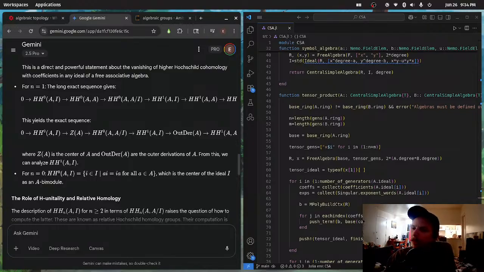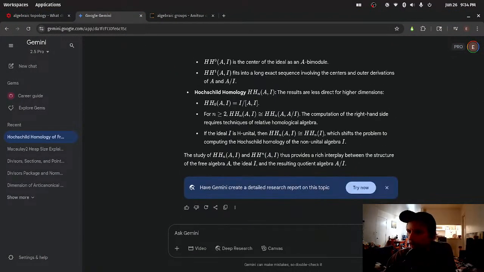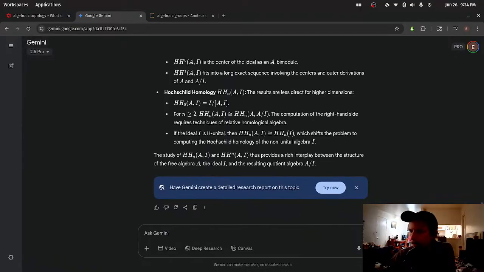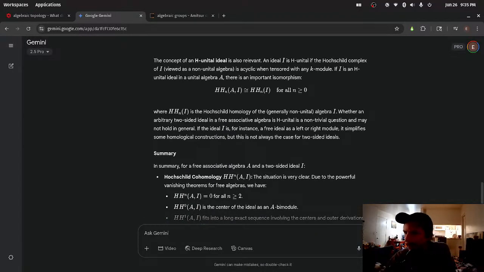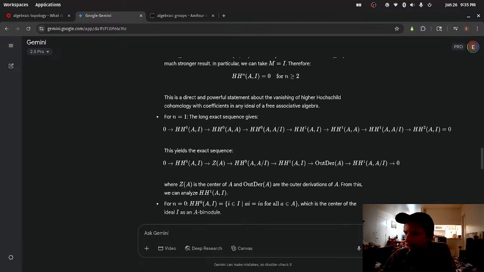And then HH1 of, what was that last one? HH1 of A mod I must be 0 if the outer derivations are 0. Okay, so that's not so interesting.